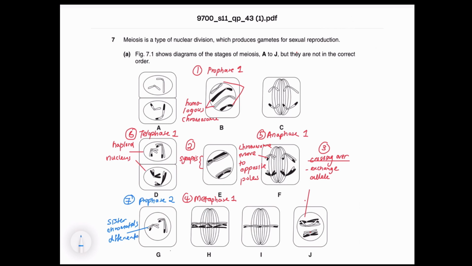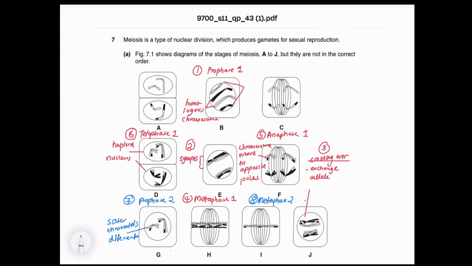And the next step should be metaphase. So now the sister chromatids that look non-identical will be arranging at the equator. This will be step 8. You will have metaphase 2.